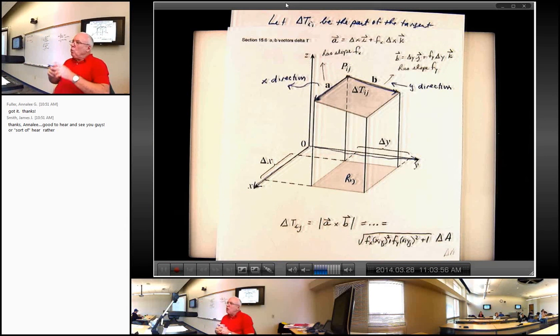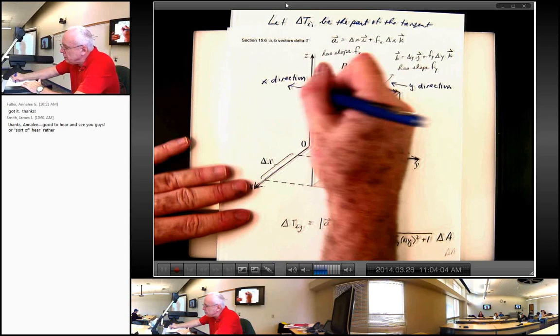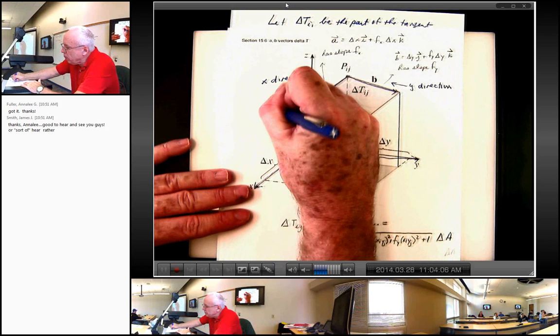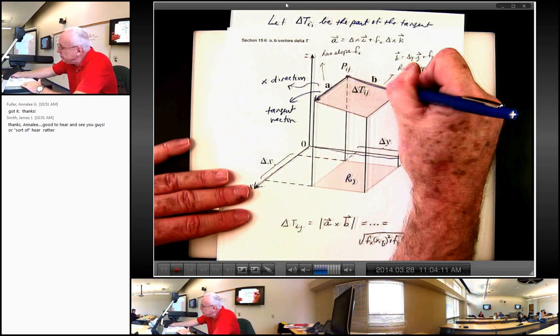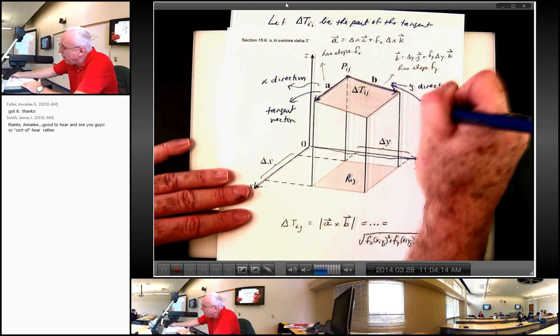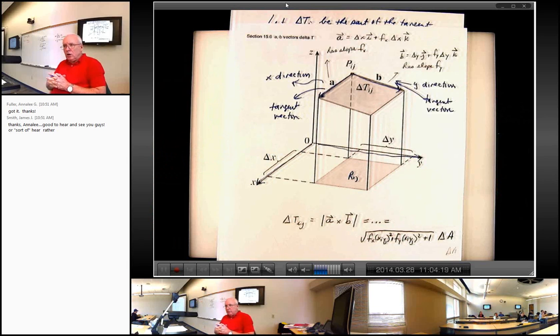Now, we know that these are tangent vectors. The slopes of these lines: one is going to be the partial derivative with respect to x, the other the partial derivative with respect to y.